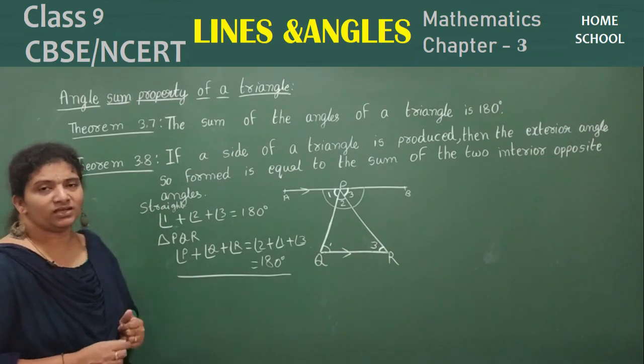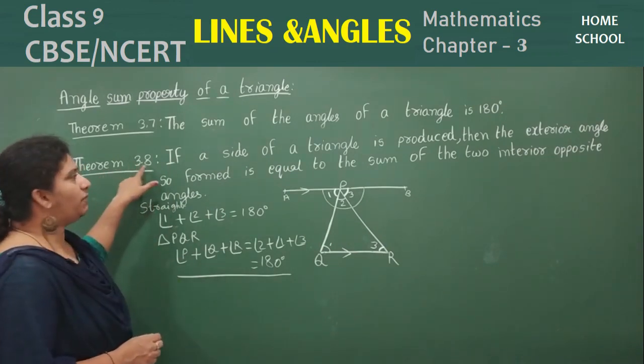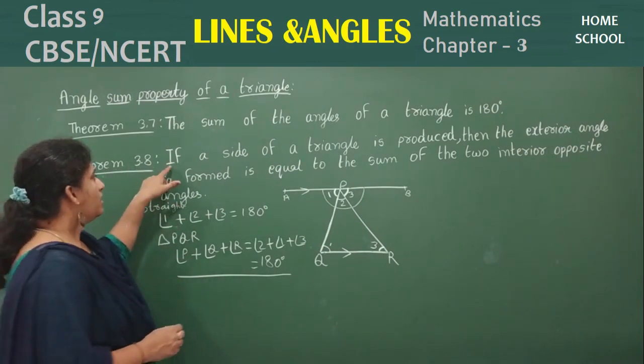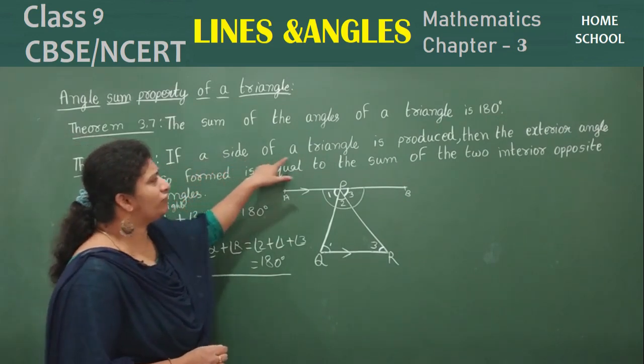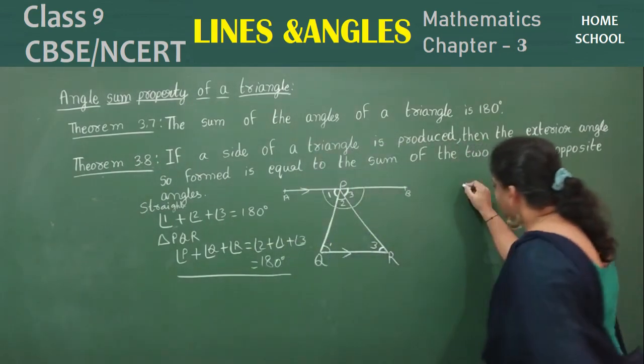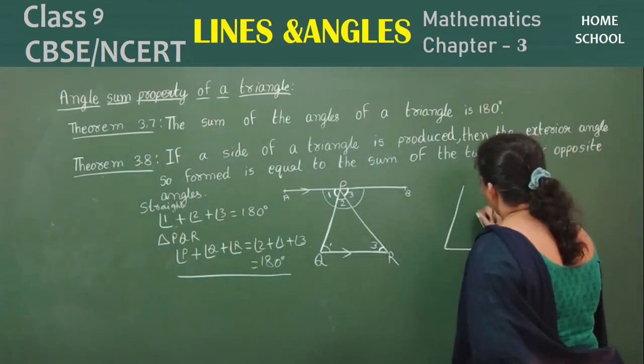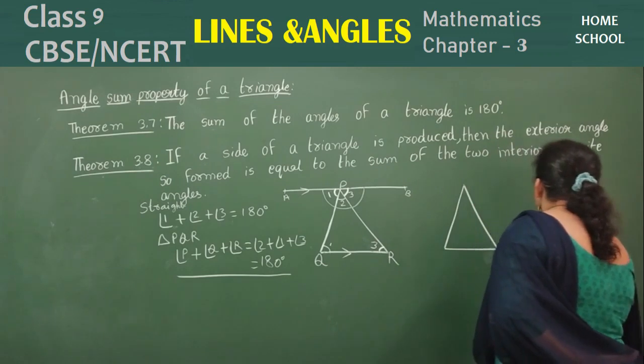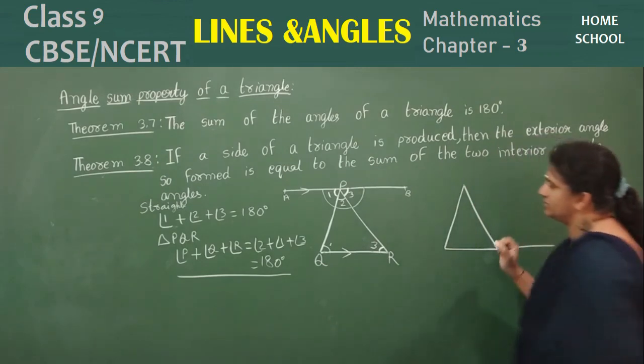What's your second theorem statement? Theorem 3.8. If a side of a triangle is produced. Okay, let me take here children, a triangle and a side is produced.